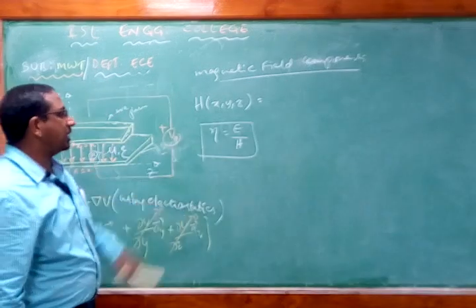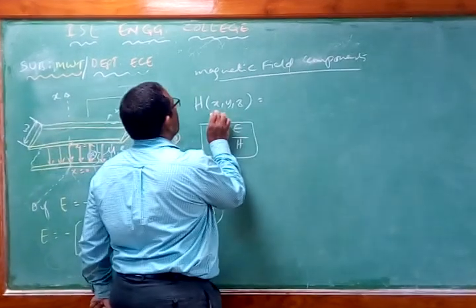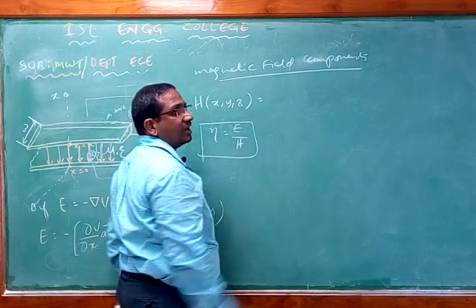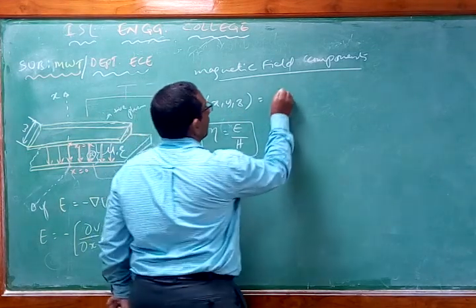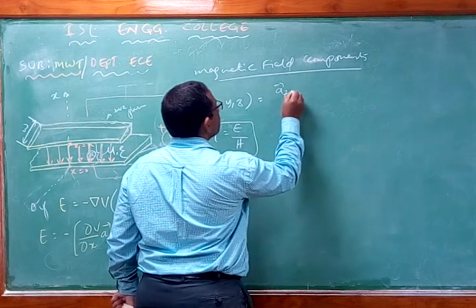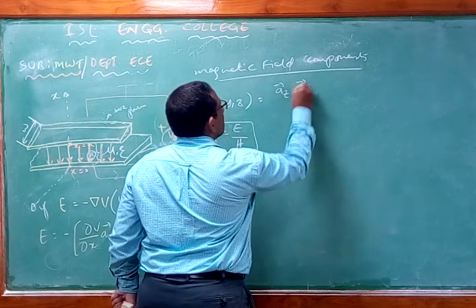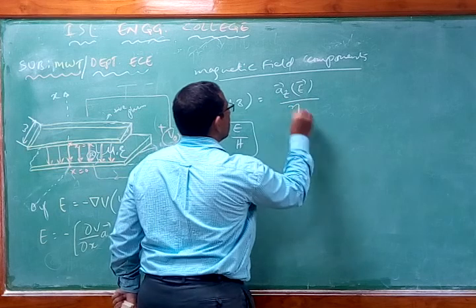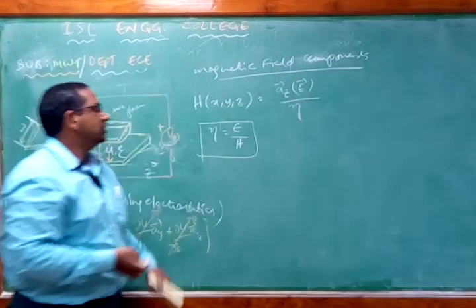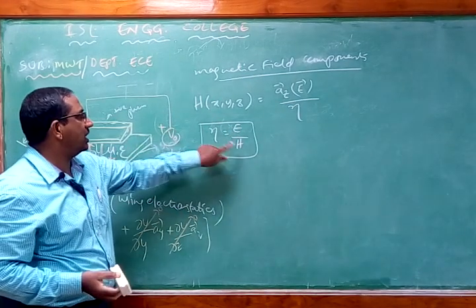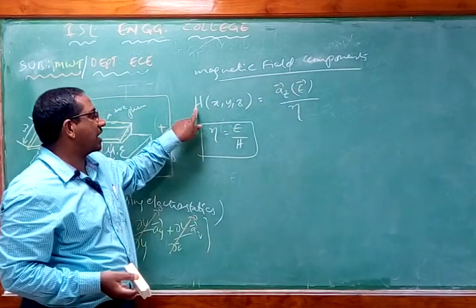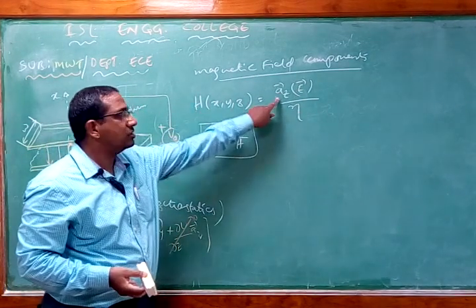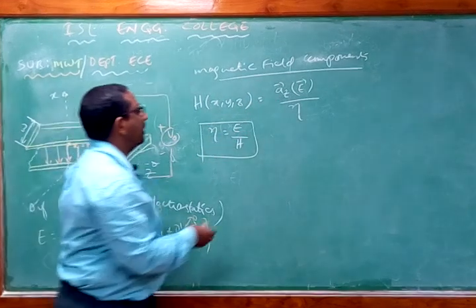Using that formula, we want to get the wave along the z axis because the wave is propagating along the z direction. Therefore we write Az into the electric field by eta to get H. So H is equal to E by eta. But I want the magnetic field along the Az direction, so I am multiplying it with Az.